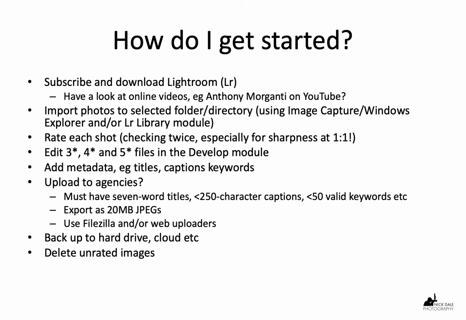Effectively, you're filtering using different keywords. So if, for example, I wanted to find all the pictures of lions that I'd taken in Africa, I can simply add the lion and Africa keywords, search on those, and I would find everything displayed in the library module.